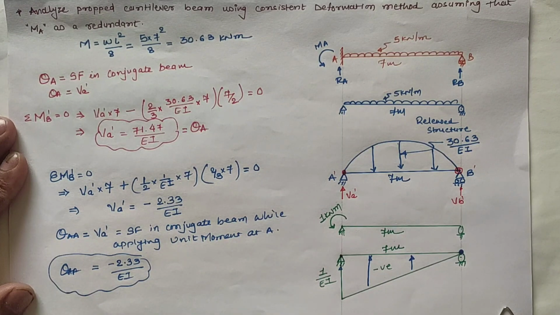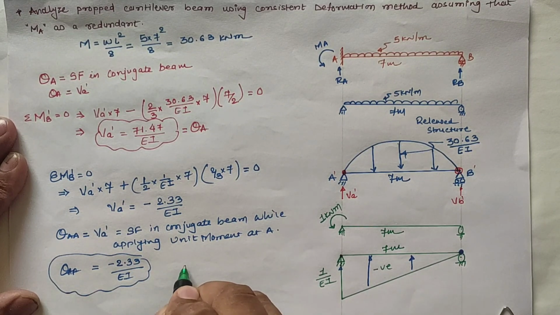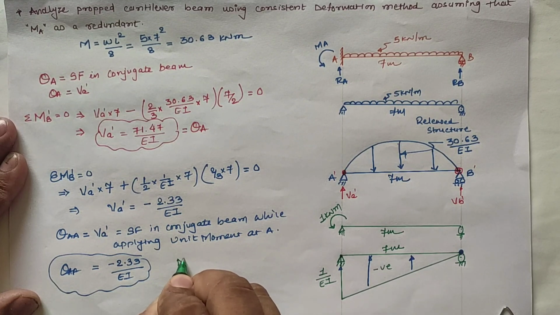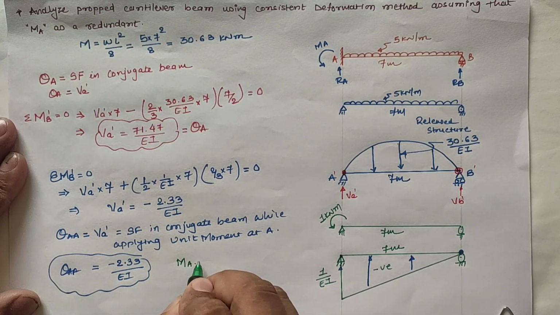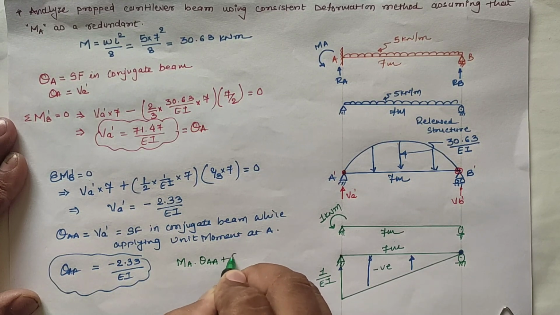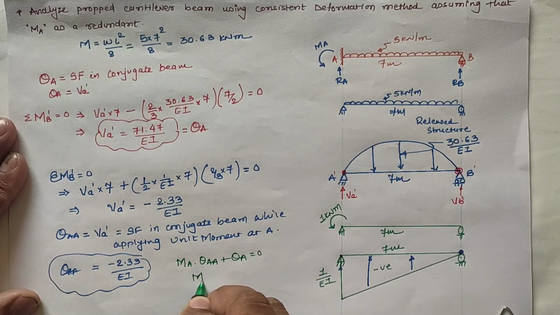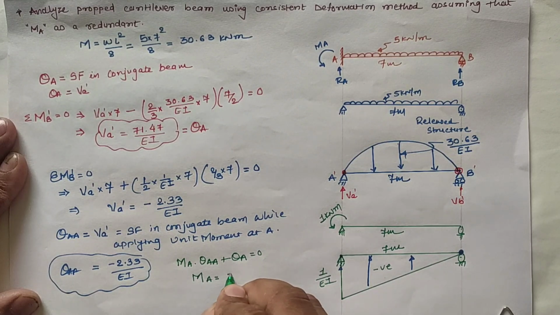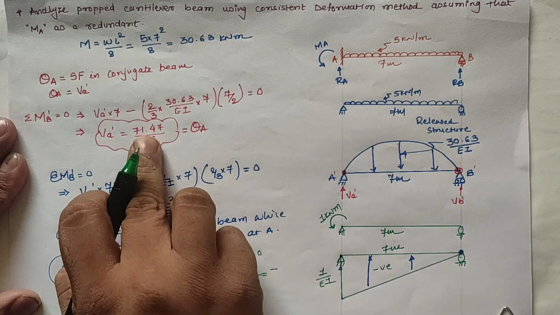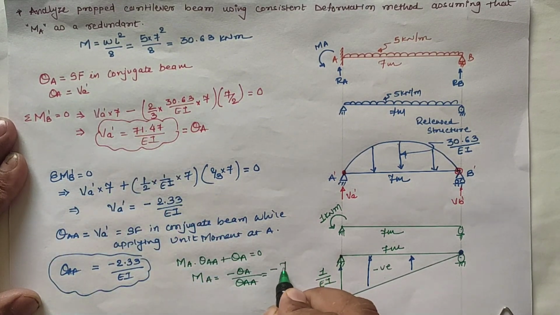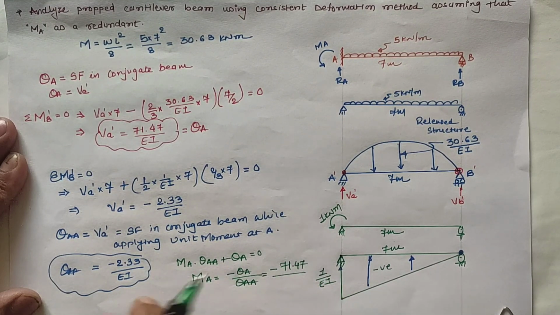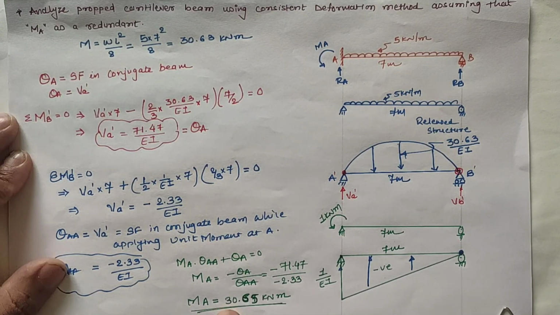According to the consistent deformation method, the value of MA can be calculated by the equation MA into theta AA plus theta A must be equal to 0, hence MA is equal to minus theta A divided by theta AA. Now minus theta A as 71.47 by EI divided by theta AA, which is minus 2.33. Solving this, we have MA equal to 30.65 in kilonewton meter.